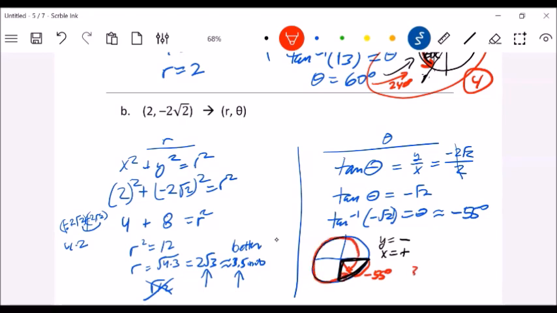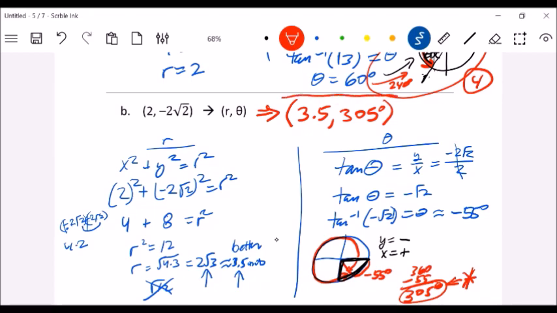So we do 360 minus 55 to get 305 degrees. And that's the thing that we want. Put the degree sign and use that number. So back up here, what we want is a radius of about 3.5 and an angle of 305 degrees. And that is the best answer for this.